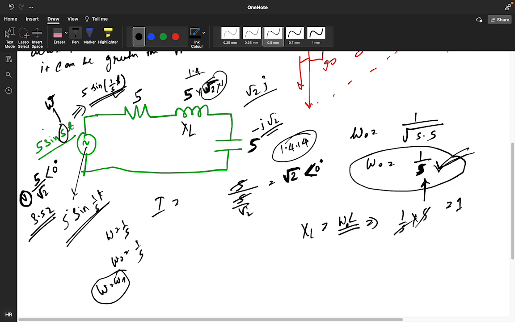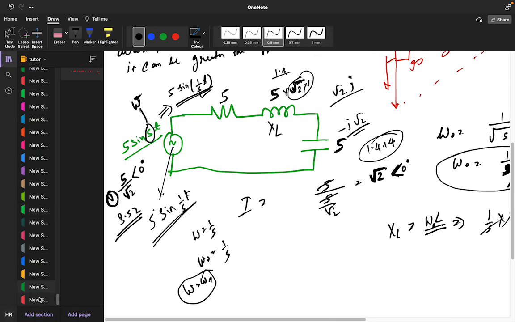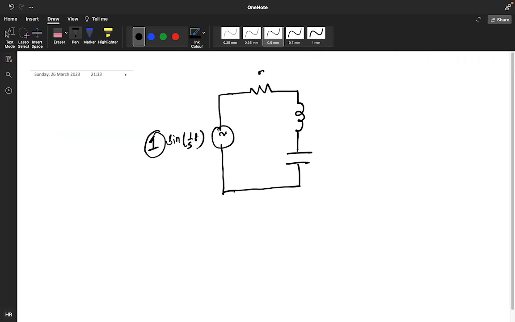Now assume it is 1, and if you convert this you will get Vm by root 2, that is 1 by root 2.